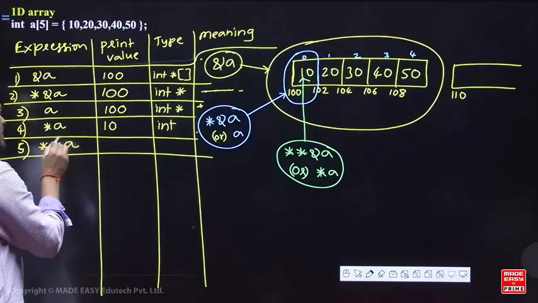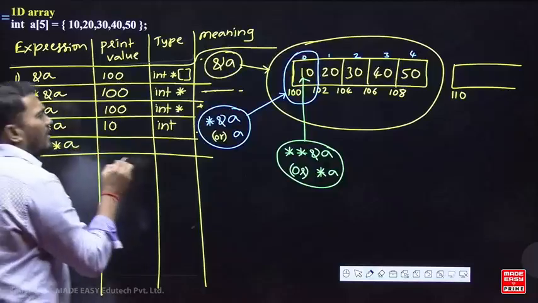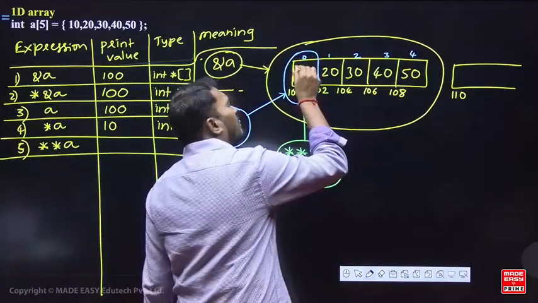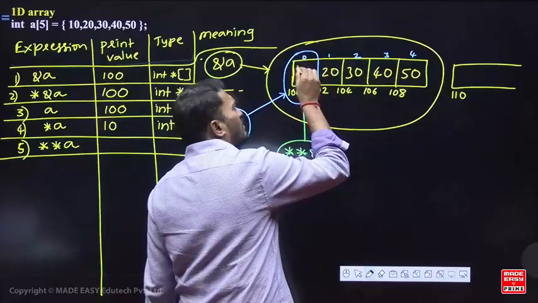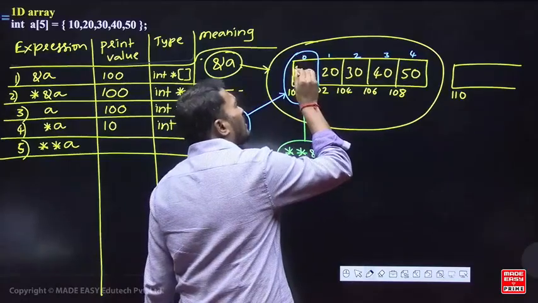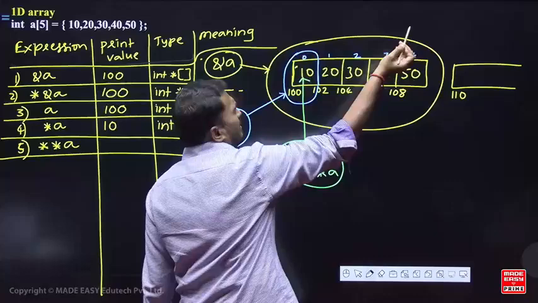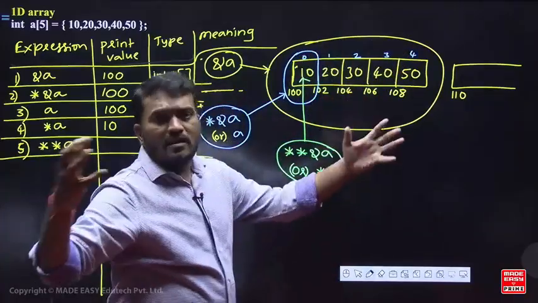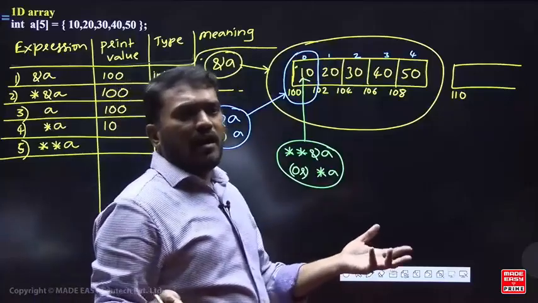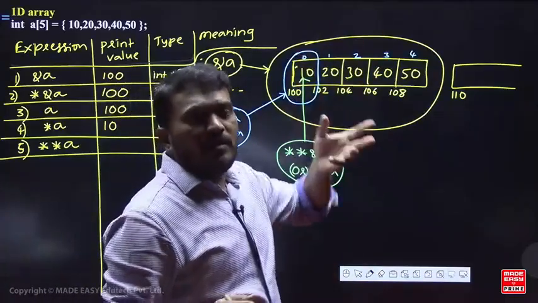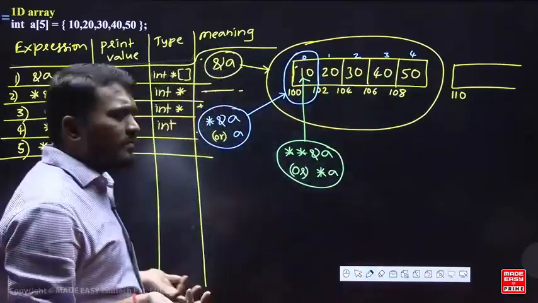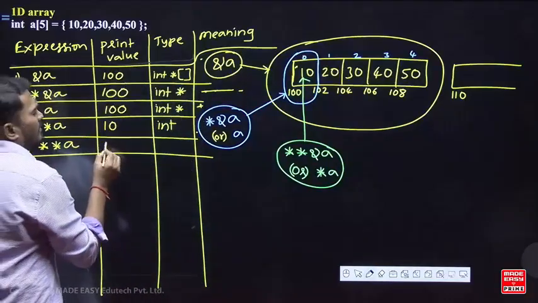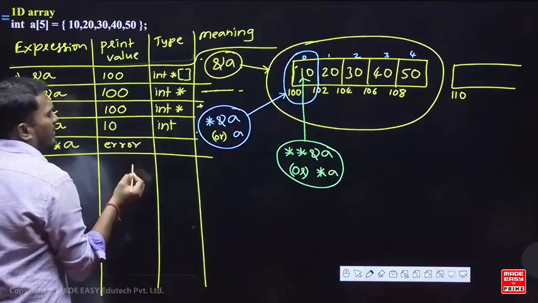Star A means 10. Star A means you are here. If I apply one more star, it means the value at the location 10. Whether location 10 is available or not, we don't know. You are trying to access the value at location 10. It is just an unknown location, so that will give you an error.